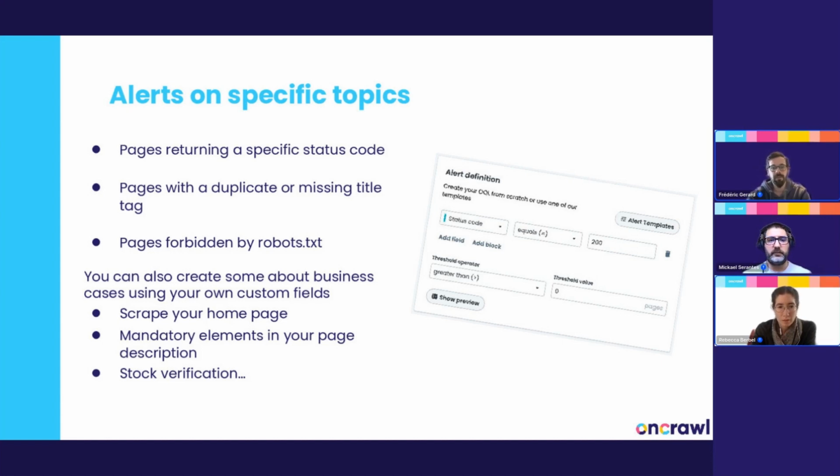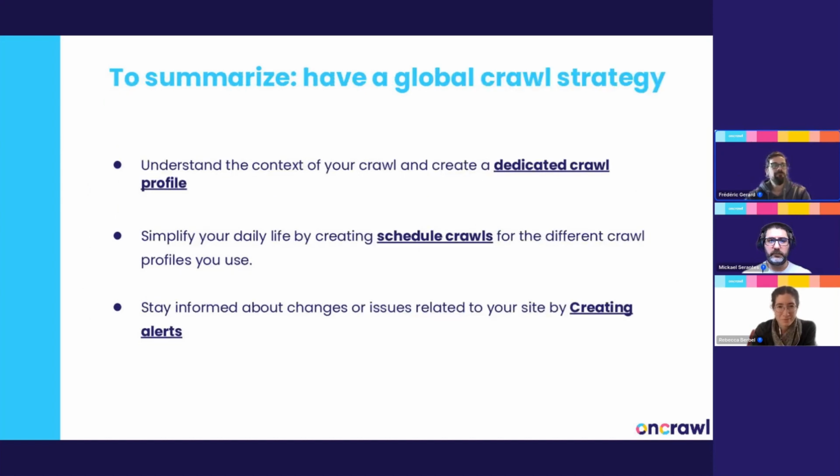And if I may add something, you also have access to all the third-party fields to create dedicated alerts on this topic too in the application. So this is the last element of our three pillars to make a good crawl.